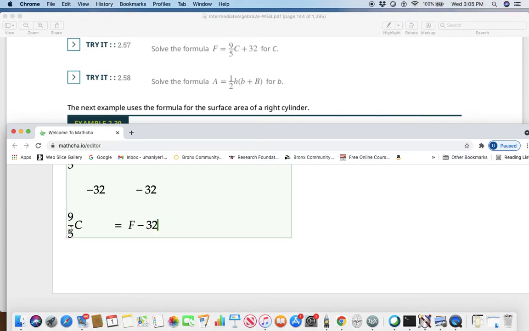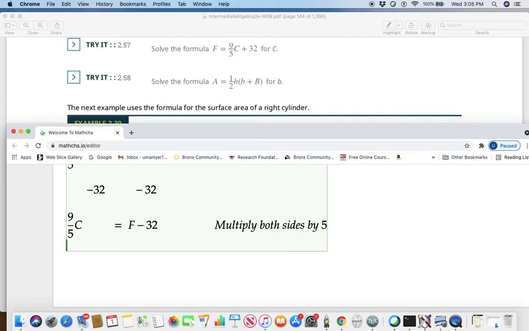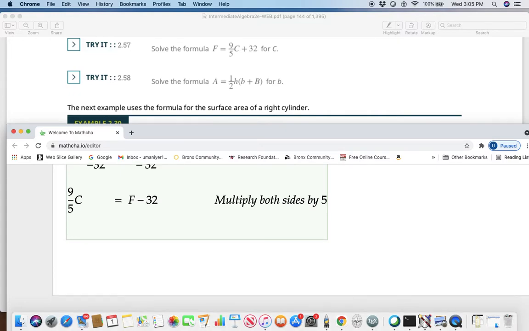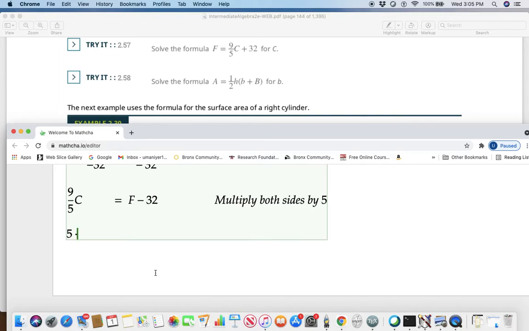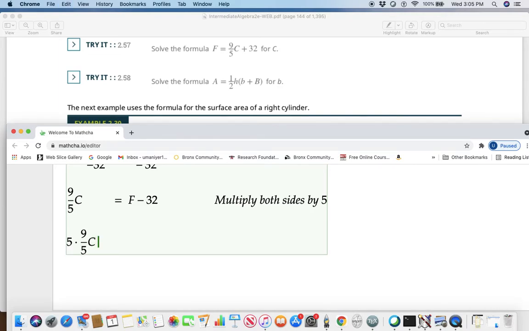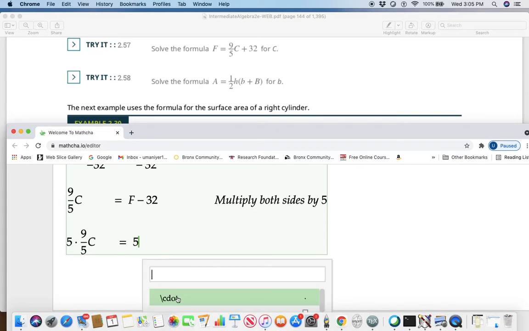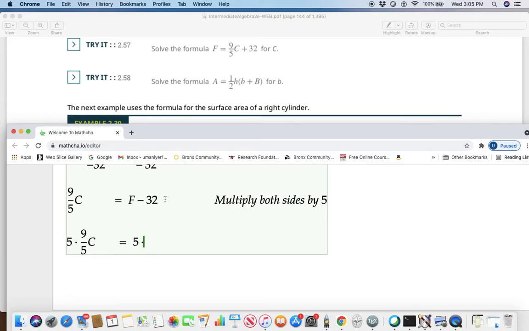Now I want to get rid of the 5, so multiply both sides by 5. Notice it's both sides. What does that mean? It means 5 times 9C over 5, that's good, and 5 times this side, not just F, not just 32, but the entire side.